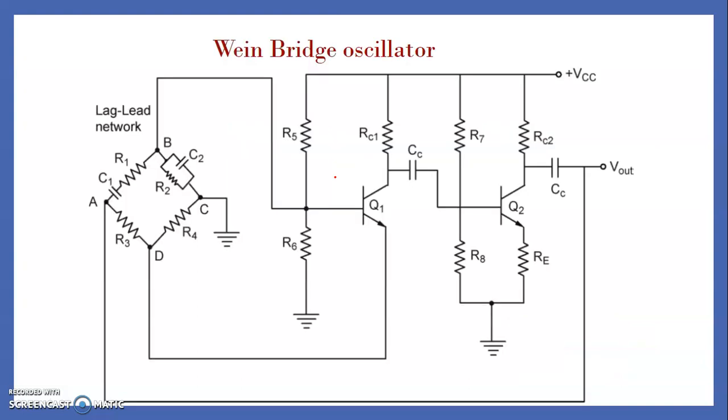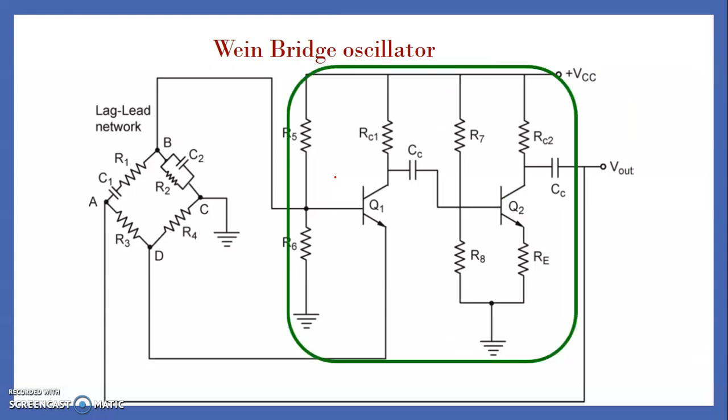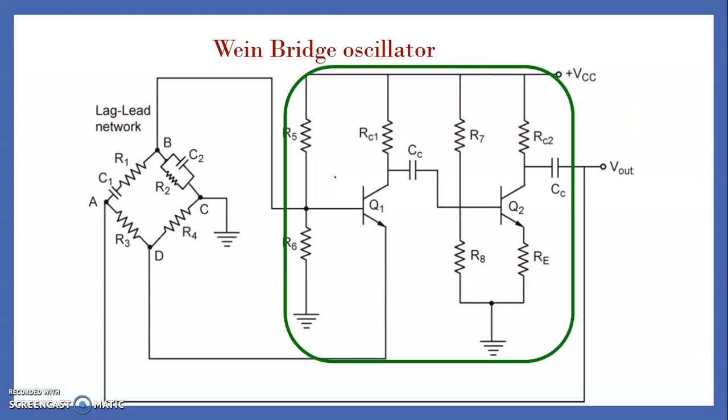This is the circuit diagram of our Wien bridge oscillator. We can take this oscillator circuit in two parts. One is the amplifier stage, which I have highlighted here. It is a two-stage amplifier. Looking at where the input is given and where the output is extracted, we can identify that both Q1 and Q2 are in common emitter configuration.